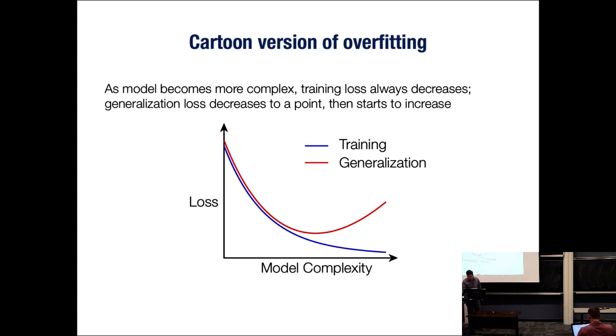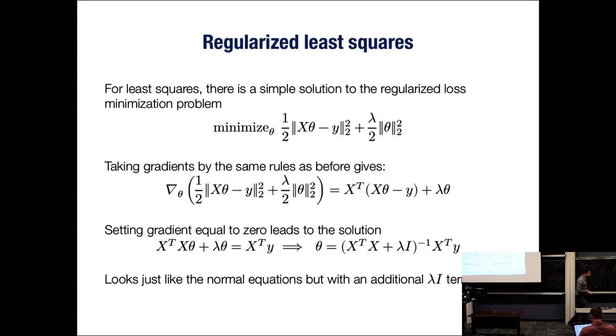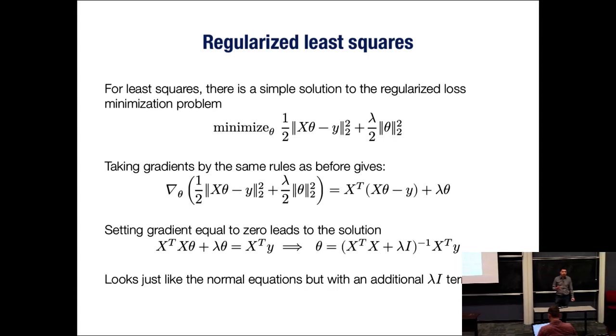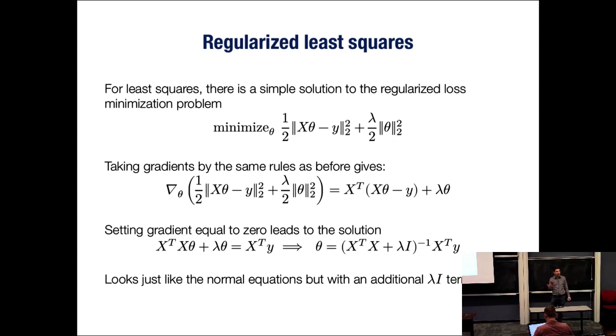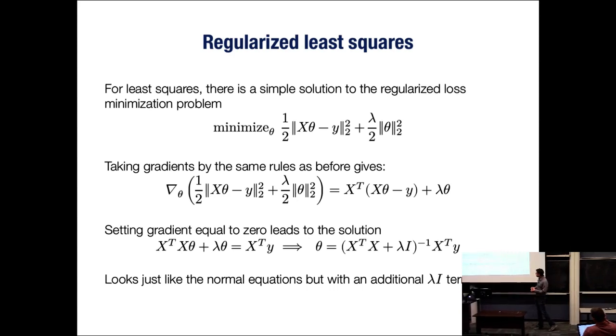So let's see what this looks like for least squares. I'll be pretty brief here because I don't want to get too involved in the derivations. We actually use the exact same rules as before. But it turns out there's a very nice formula for regularization in least squares estimation, the analytical solution to least squares.